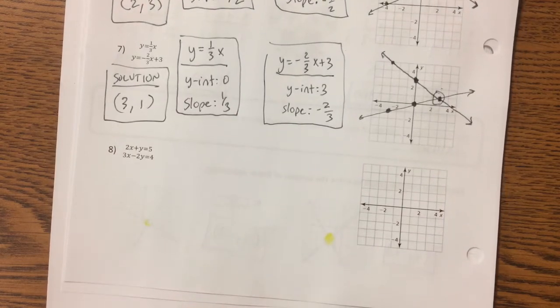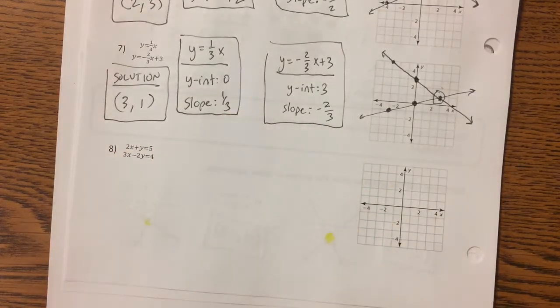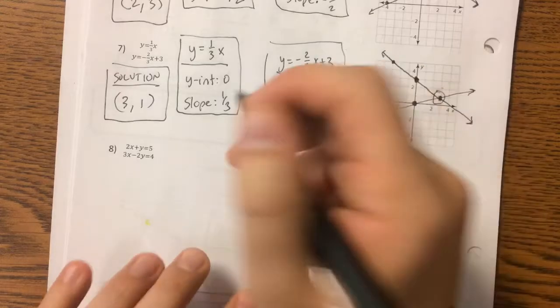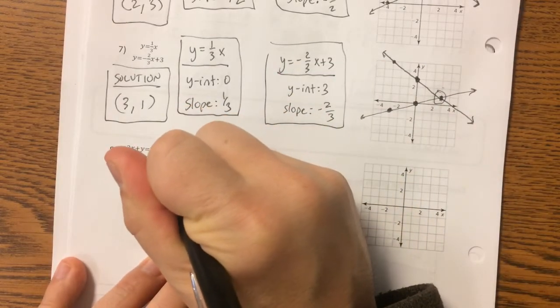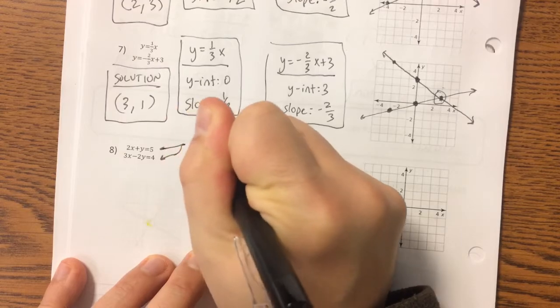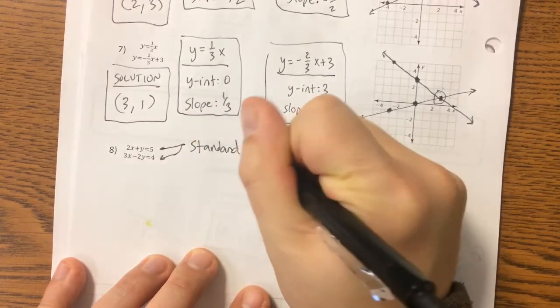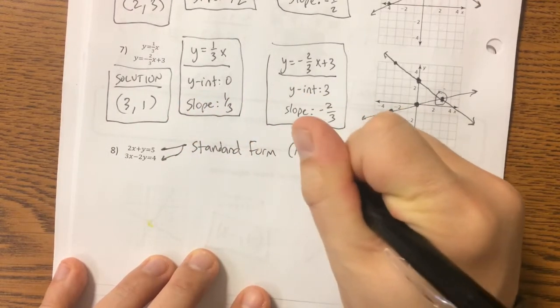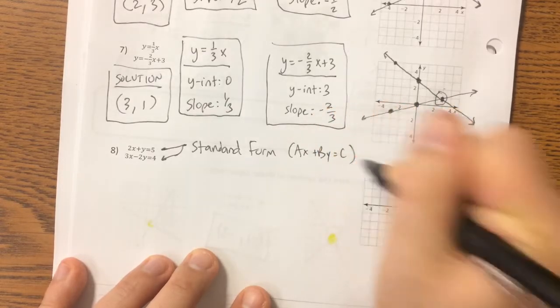For this last one, are these equations in slope-intercept form? No. So you can put it in slope-intercept form if you're okay with that, but I'm going to show you how to revisit graphing equations that are in standard form. So both of these are in standard form, right? The ax plus by equals c form.